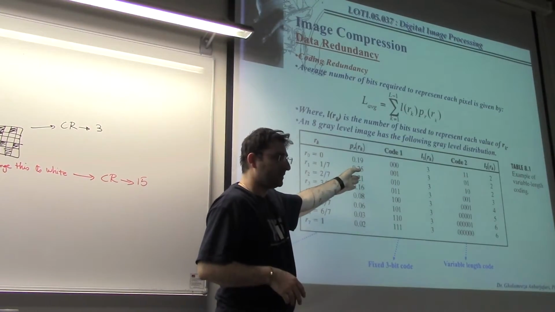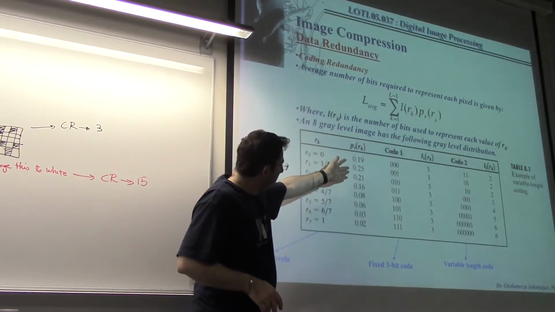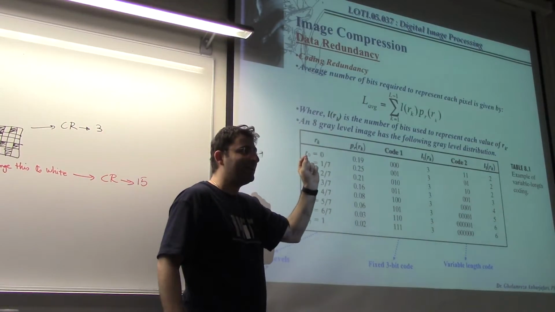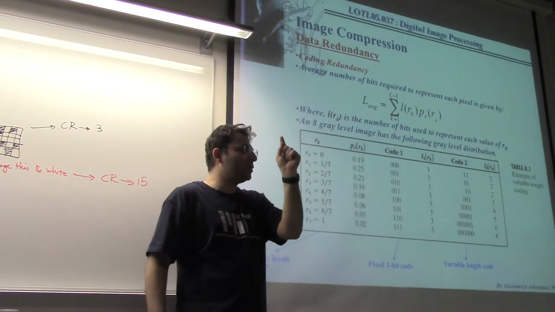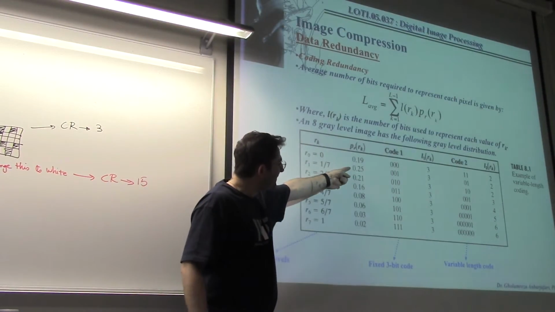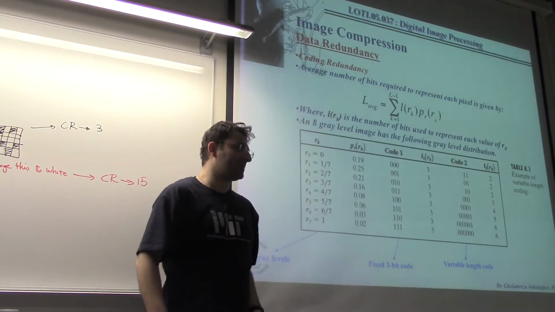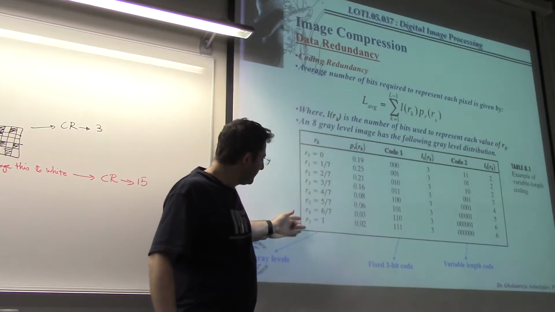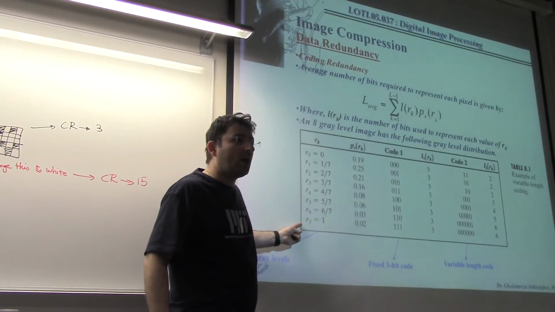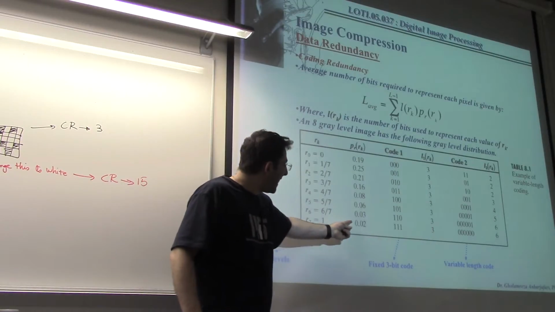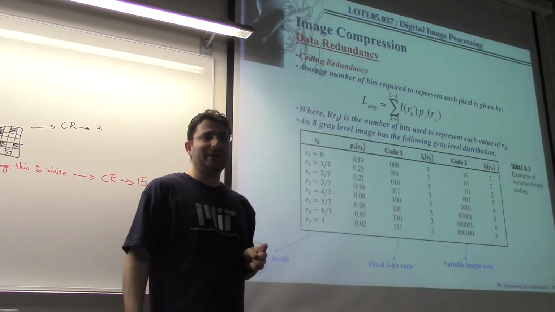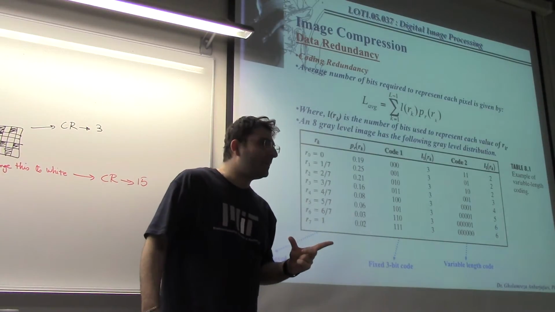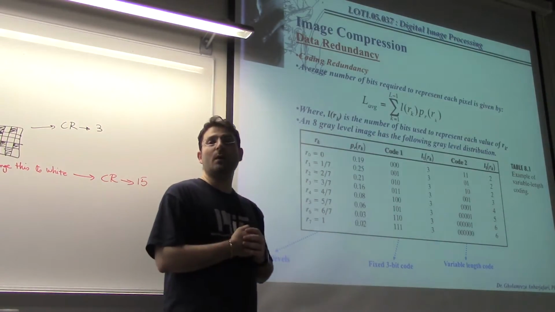It means that the pixel with the intensity value of 1 has the highest number of appearances, and the pixel value of 111, which is 7, has the lowest probability of appearance. So what we want to do is look at these probability values and assign a new number of bits.